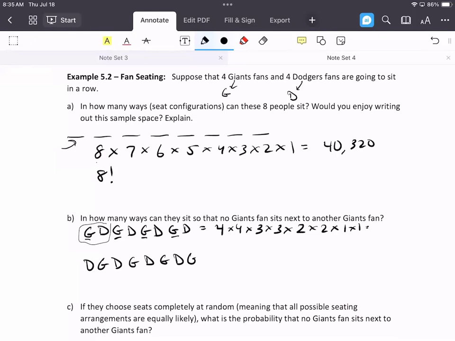This is the same thing as 4 factorial times 4 factorial. This number ends up being a big number. All right, so you can do that in a calculator, but I'm going to show you the total in just a moment. Is it the same calculation for here? Yes. You could either do it this way or do it using factorials. Either way will work.